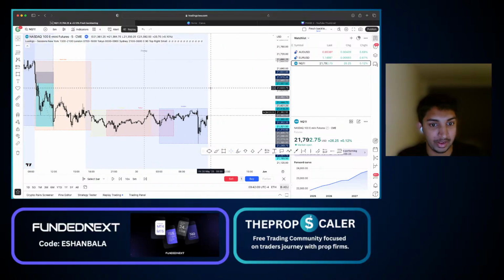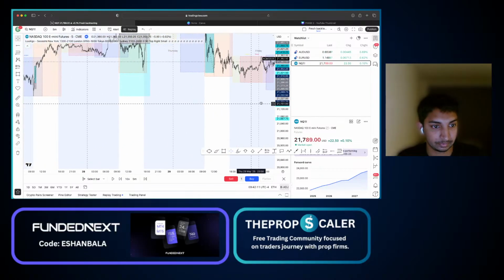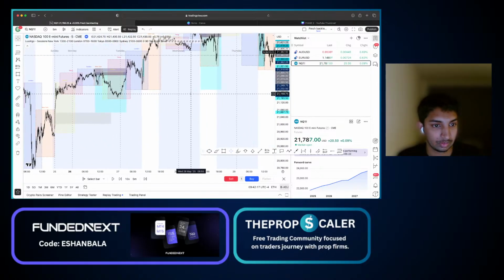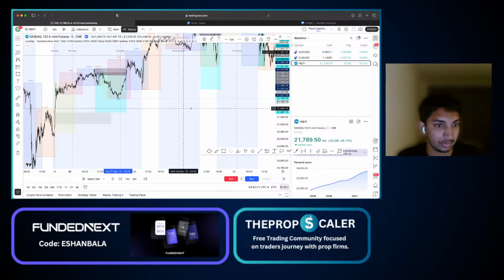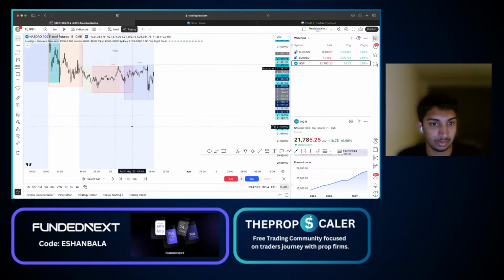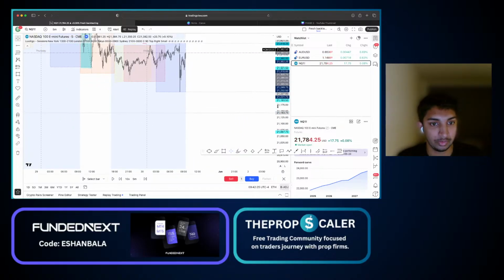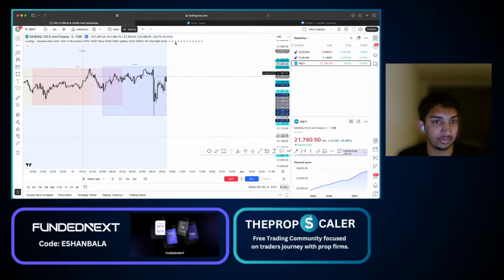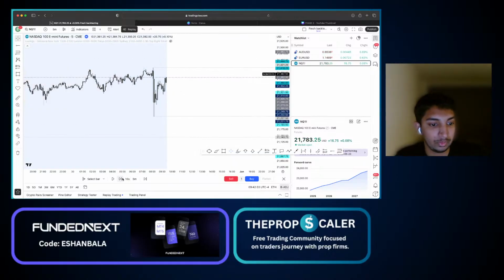So these would be my areas of interest. Got a target maybe over here. Cool. So let's see what happens at these areas. We can get rid of this. Cool, let's see.